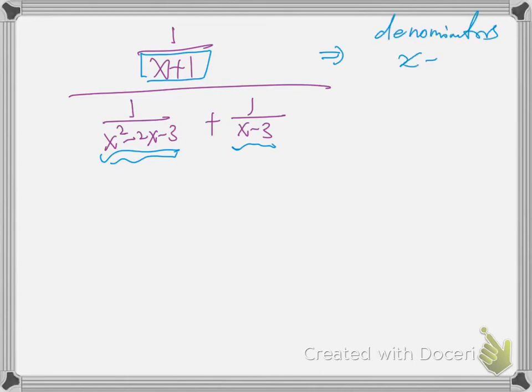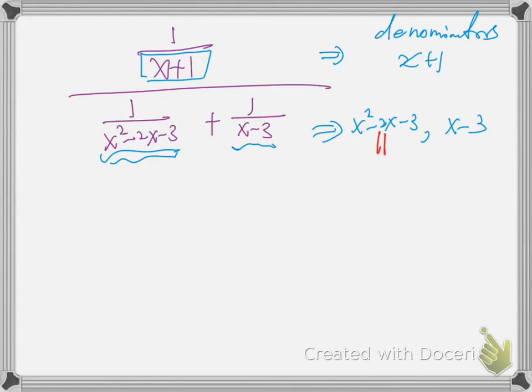On top, x plus 1. On bottom, x minus 3, and then x squared minus 2x minus 3. So now we cannot just multiply them to find the LCD. To find the LCD, we need to factor this degree 2 one.